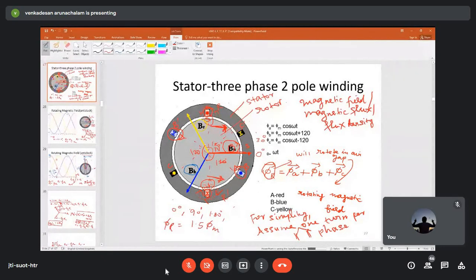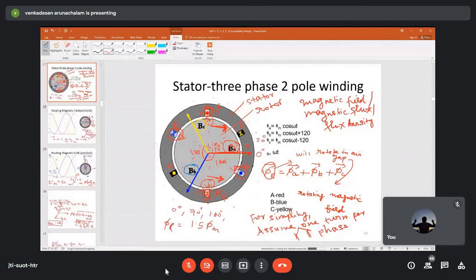For example, if the frequency is 50 hertz, that is our normal supply frequency, and the number of poles is 2, what is the synchronous speed? 120 f by p. What is the value? 3000? Yes.